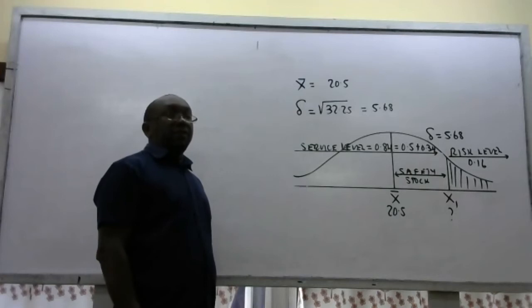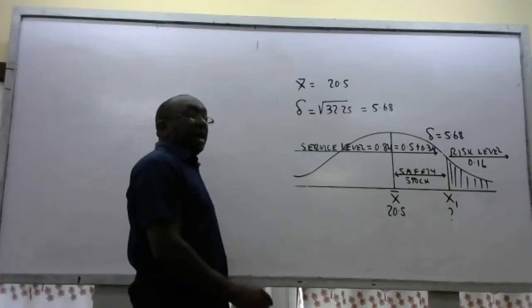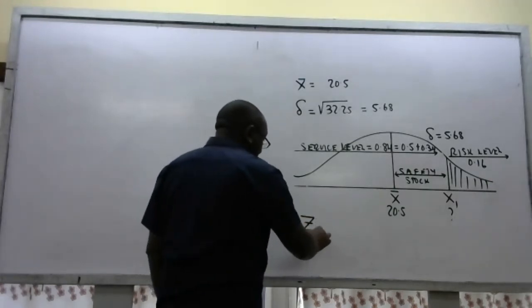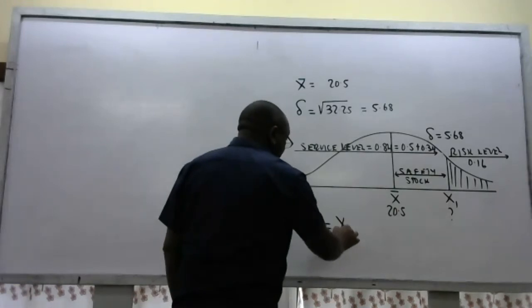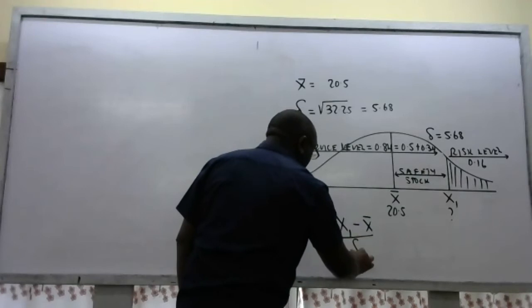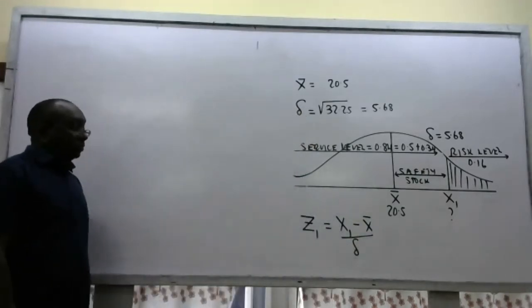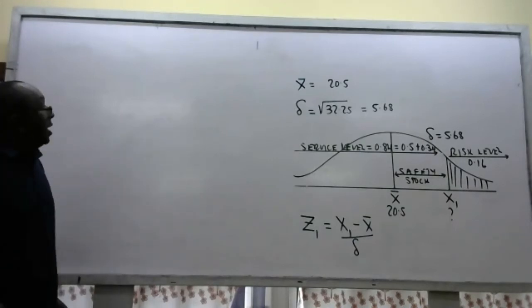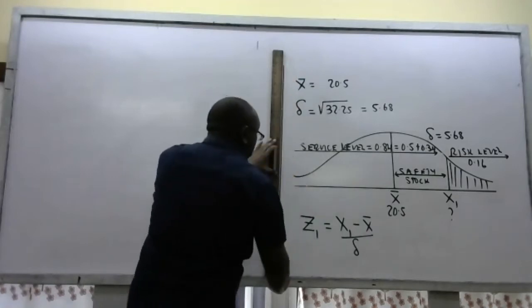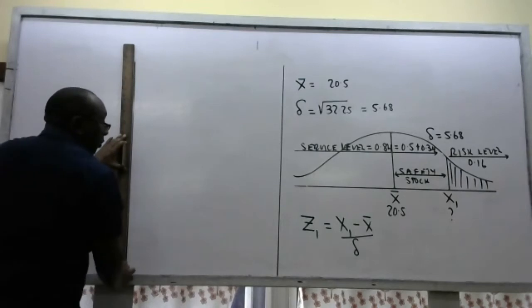So what we are looking for is X1. But we are aware there is a formula that looks like this. That Z1 is X1 minus X bar, you divide by what? Standard deviation. We are aware of that. So from that, how do you get X1?